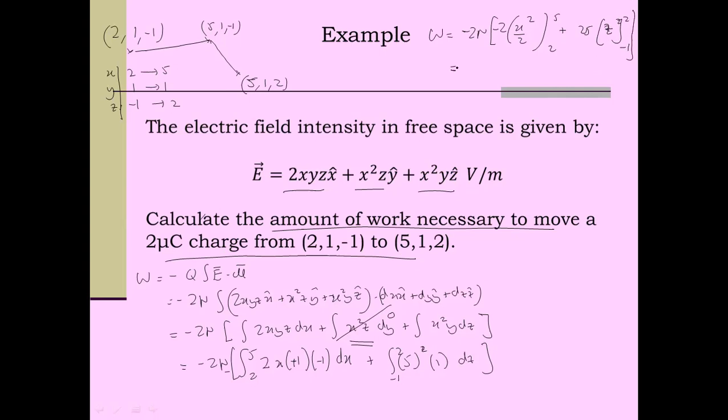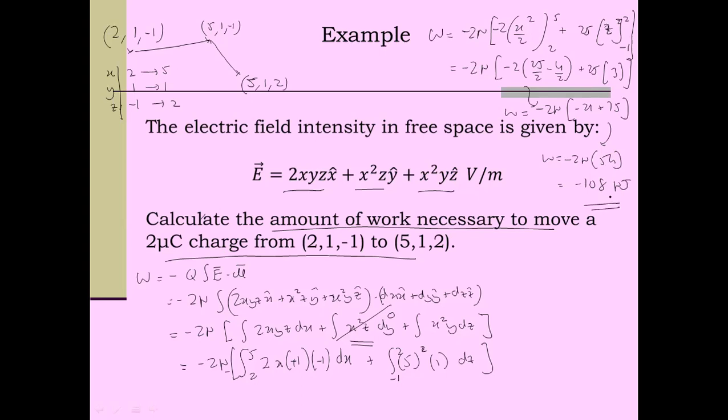So we can calculate it now. We're going to have -2 microcoulomb times the bracket of 25 divided by 2 minus 4 divided by 2, plus 25 times 3. Working that out, W should be -2 microcoulomb multiplied by 54, and we end up with a value of -108 microjoule.